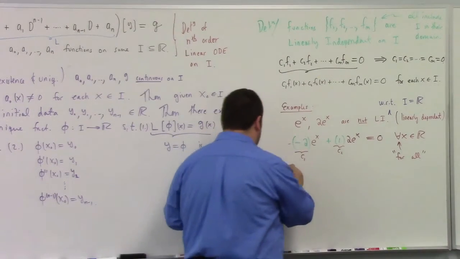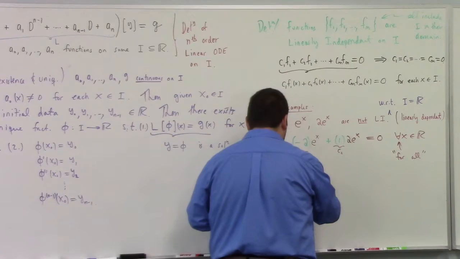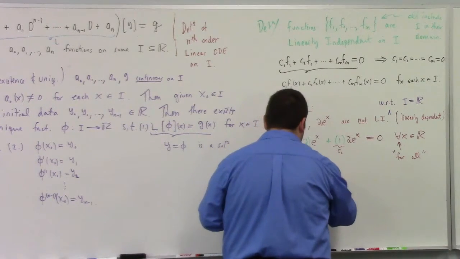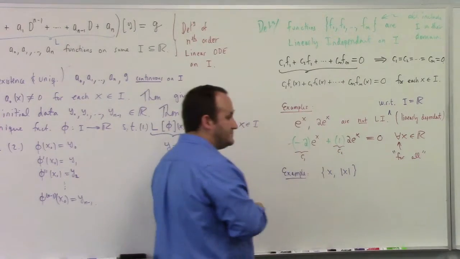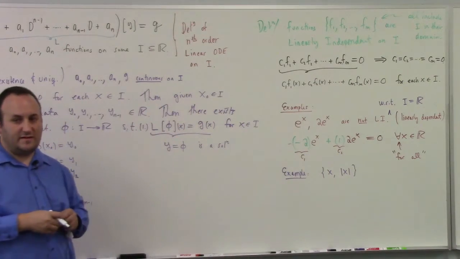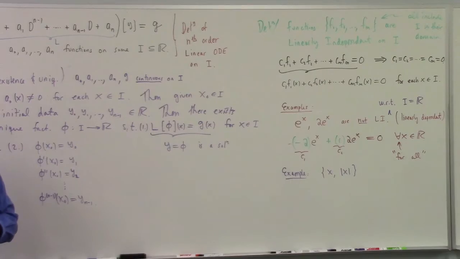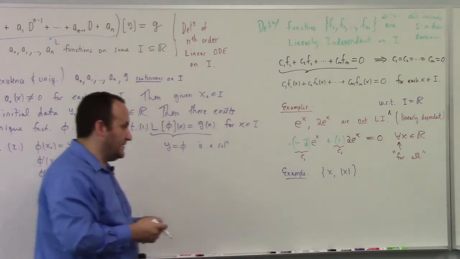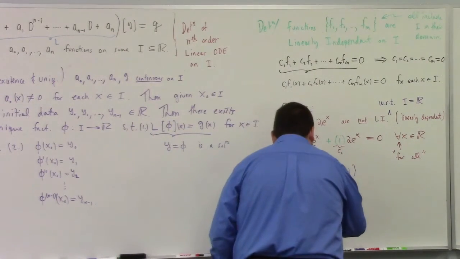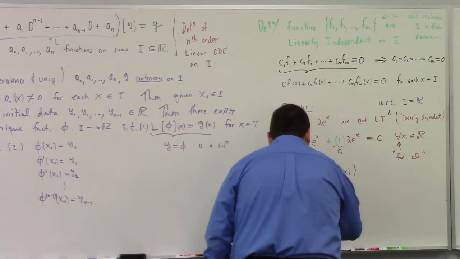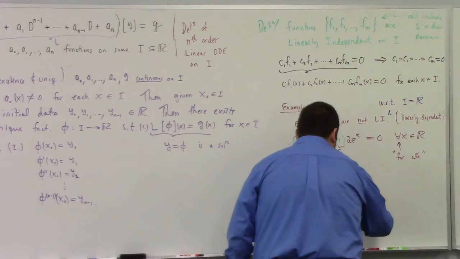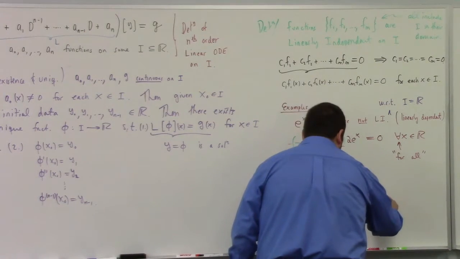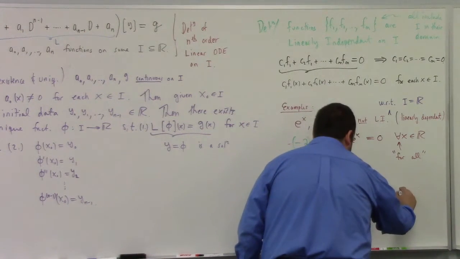So here's my sort of stupid subtle example. If you look at the set x, comma, absolute value of x, this is either linearly independent or linearly dependent, depending on what interval of consideration you have. See, this is linearly independent on the reals, but it's linearly dependent if you just look at the positive reals.